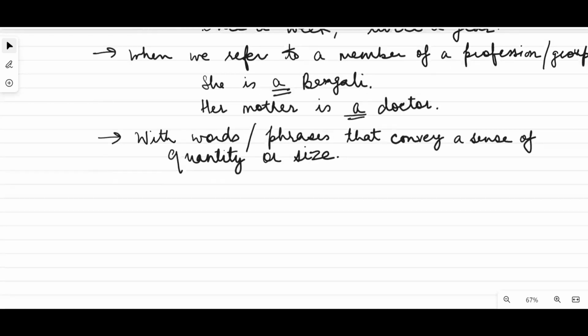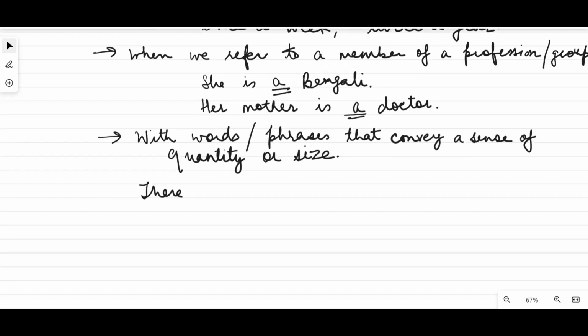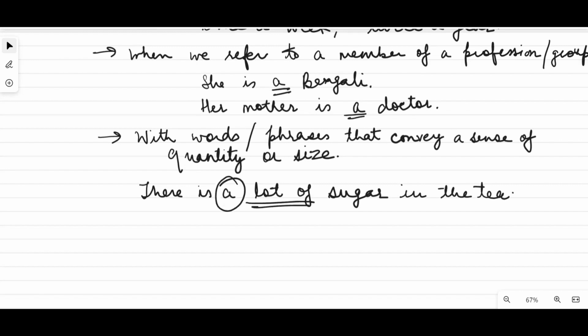Like if we say there is a lot of sugar in the tea. Before lot of we are using a because it is indicating quantity. If we say that is a huge house, huge is again referring to the size. So before that we will use a huge house, right?